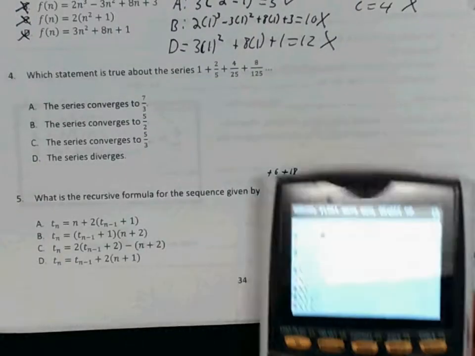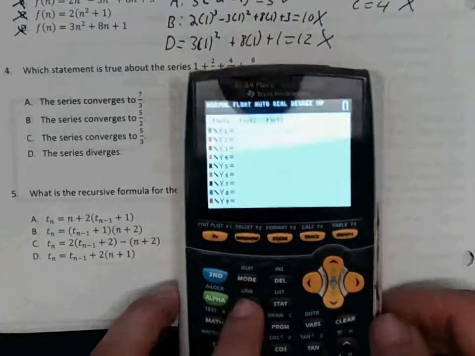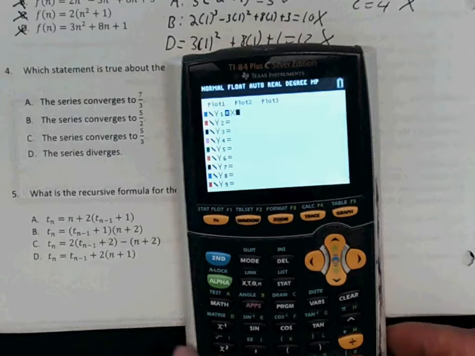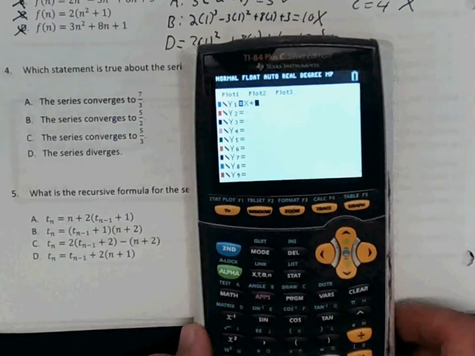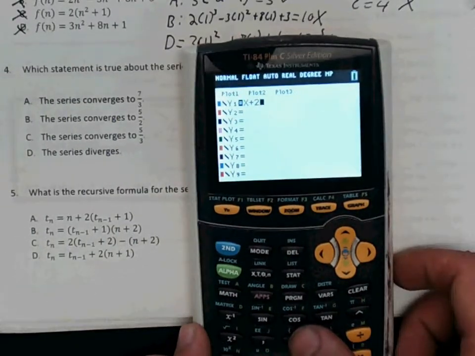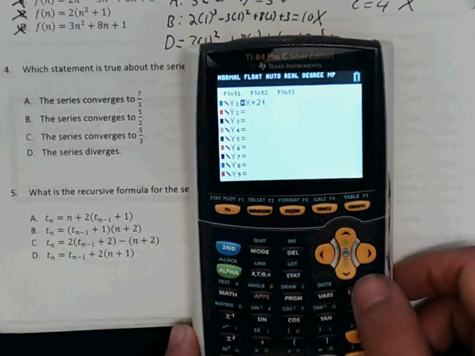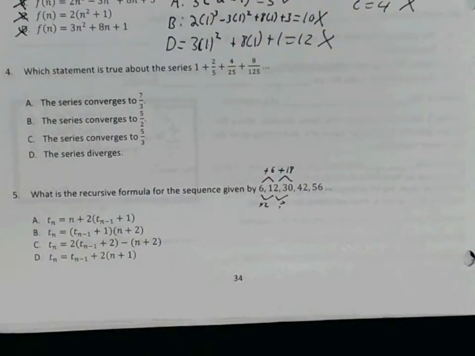So y1, we can write x plus 2 times, oh actually no, that won't work. So we'll have to actually do this by hand.